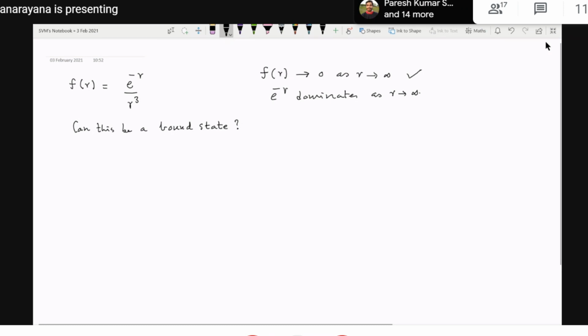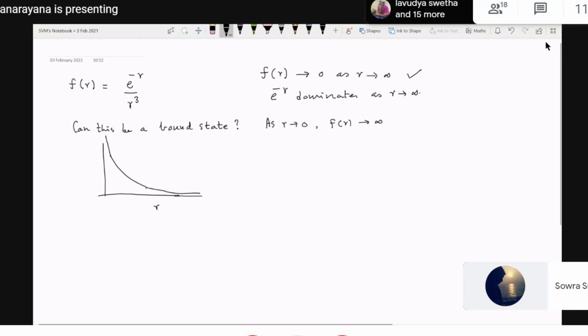So what happens as r goes to 0? As r goes to 0, f of r goes to infinity. So if you plot this as a function of r, it goes to infinity at small r, and goes to 0 as r goes to infinity, so it will be like this.